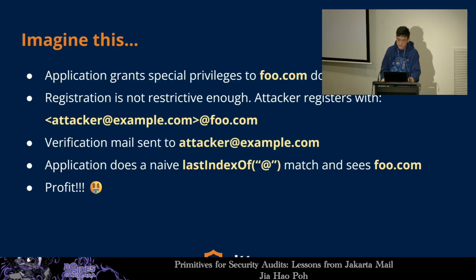This means we can now register accounts with these special privileges granted to the full domain while verifying it through our example.com domain. And this simple example demonstrates how an expectation mismatch between developers and email address parsers can lead to high-impact vulnerabilities in applications.